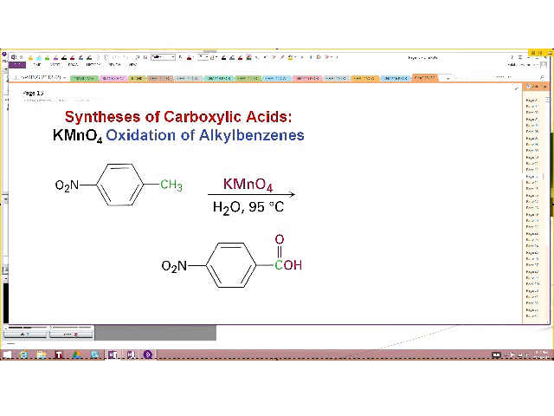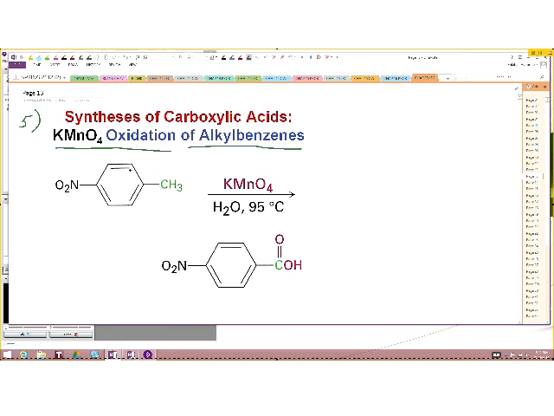So this will be method number 5: potassium permanganate oxidation of alkyl benzene. And of course, we have done this before.